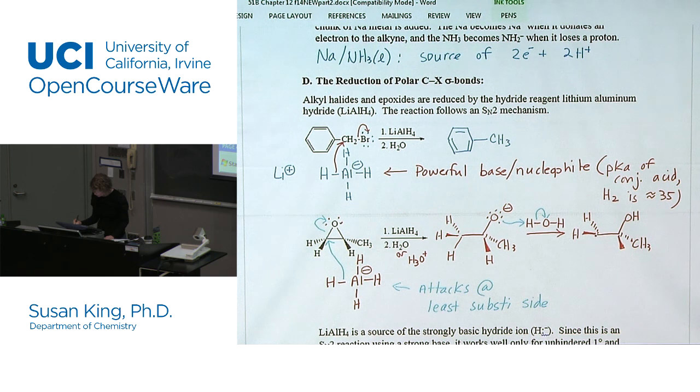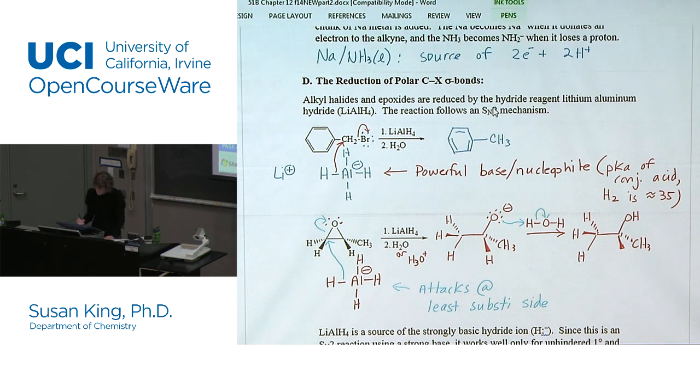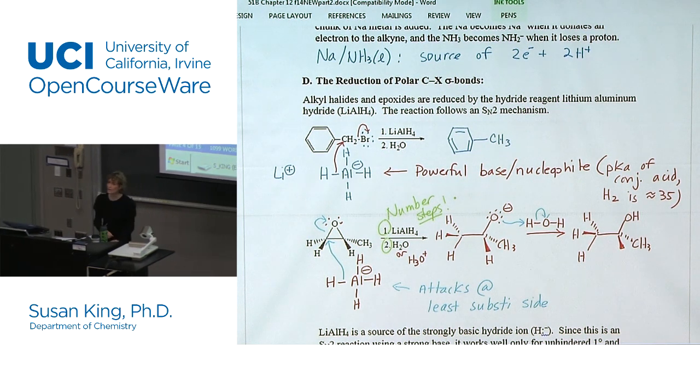All right, so extremely powerful nucleophile. Make sure that you number these steps. Really important. And the reason is if you add lithium aluminum hydride to water, it's going to blow up right all over you, okay? It's very, very powerful.